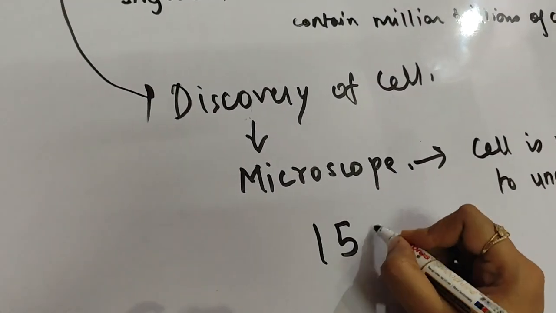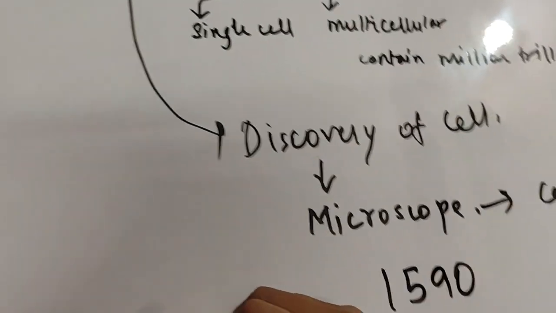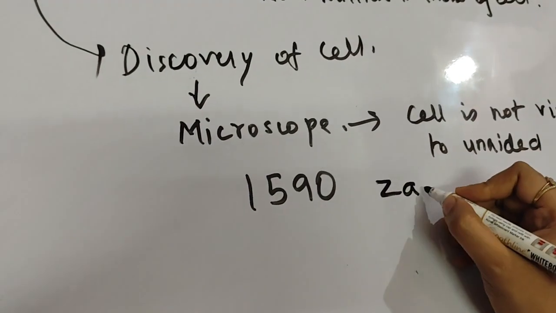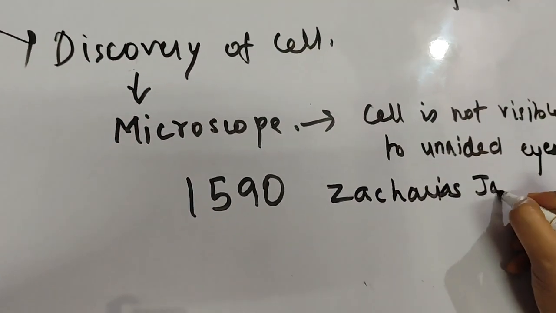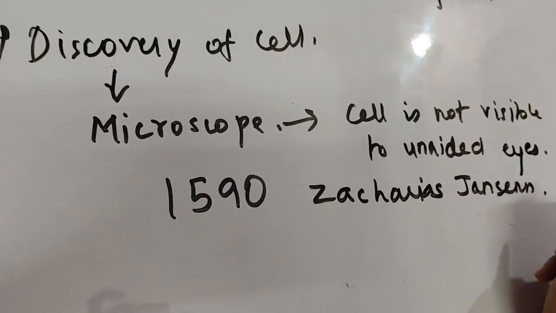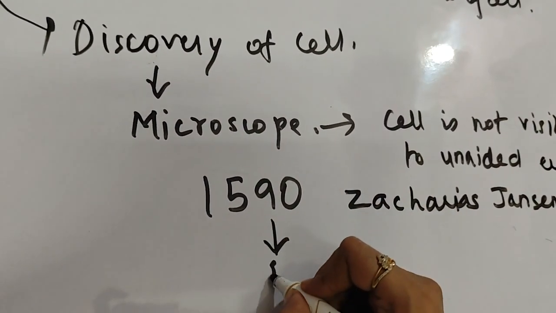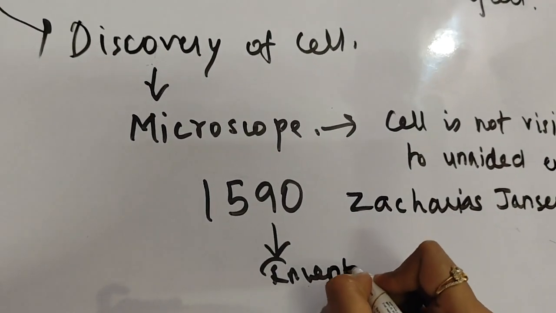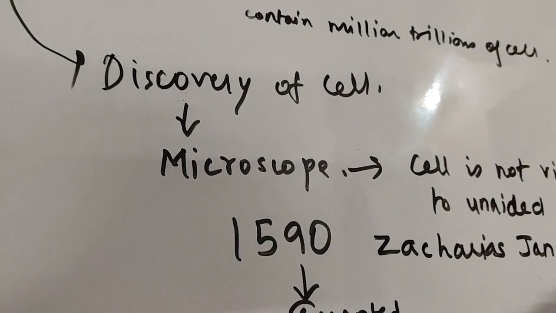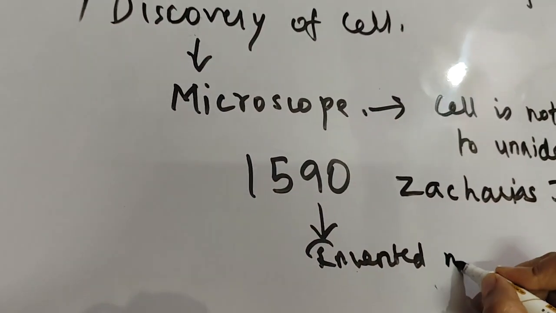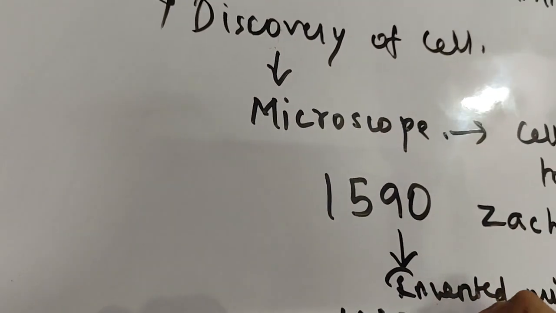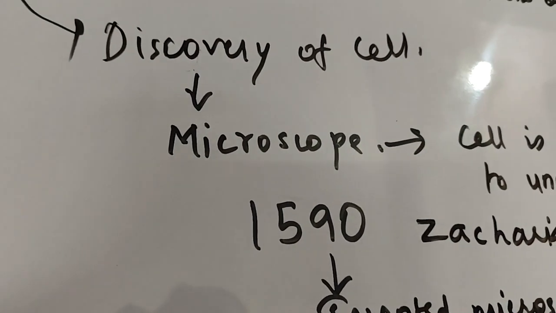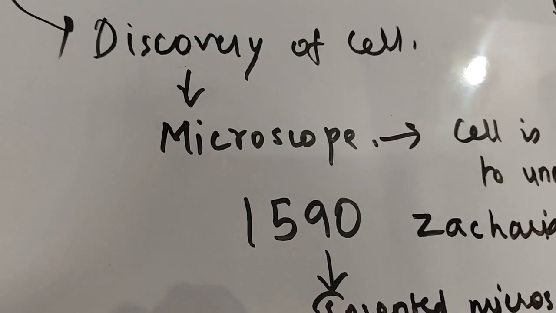In 1590, Zacharias Janssen invented a microscope which was further modified by Galileo in 1610.